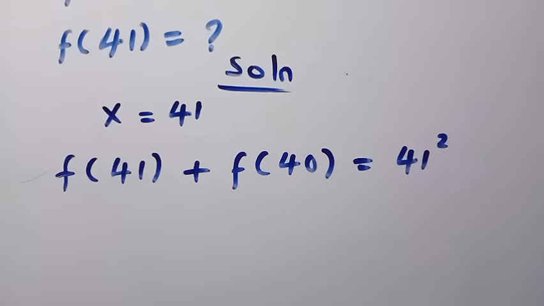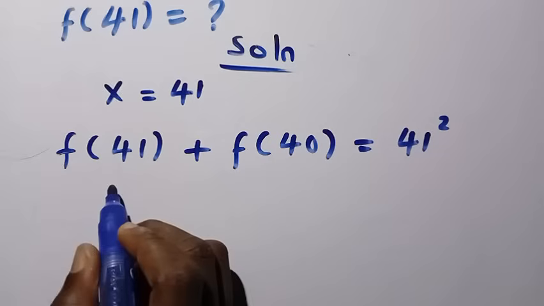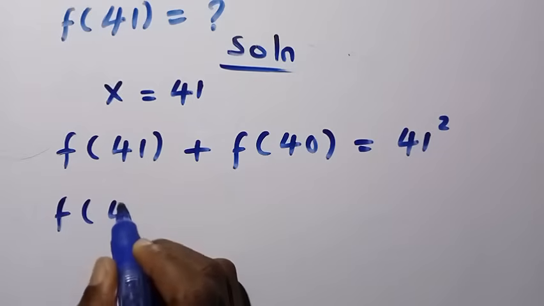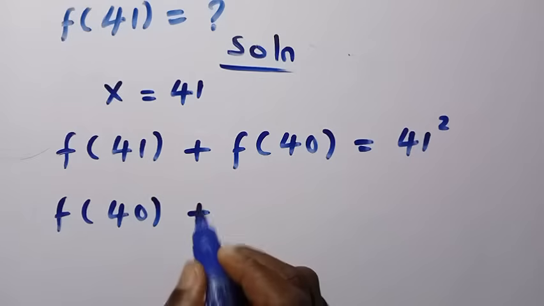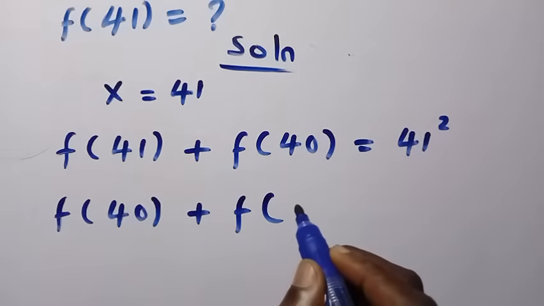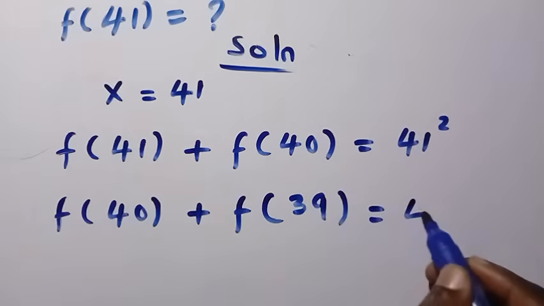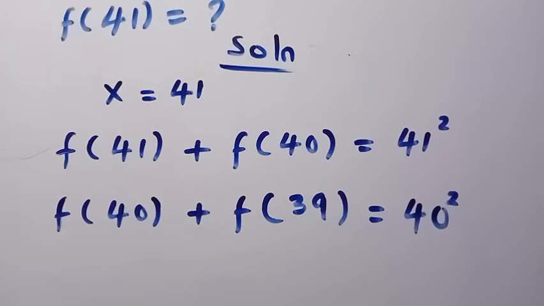Let's keep going. If x equals 40, we are going to have f(40) + f(39) = 40².